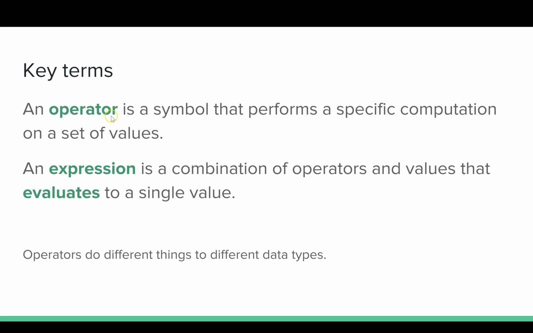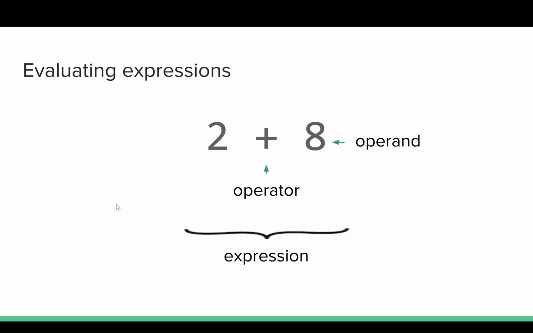So the key terms are: an operator is a symbol that performs a specific computation on a set of values. An expression is a combination of operators and values that evaluates to a single value. Here is an expression, 2 plus 8.